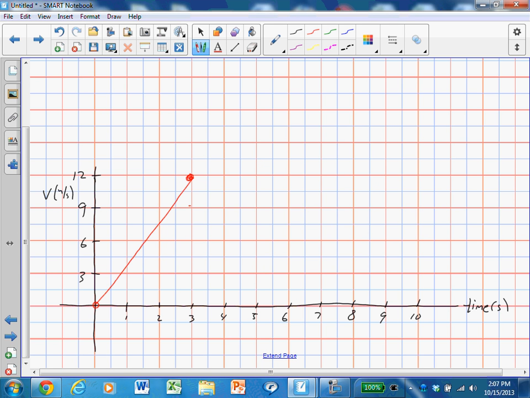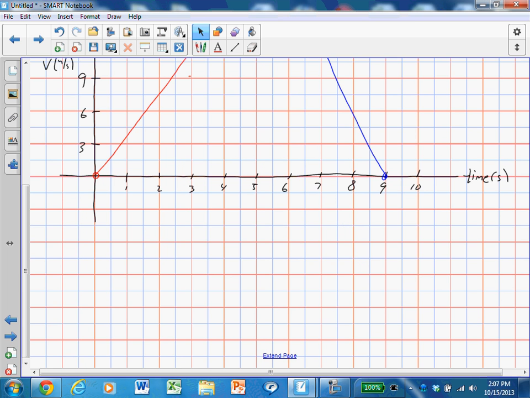Then it stays flat for the next 4 seconds. Make that green. Then it drops down to 0 for the next 2 seconds. And then over the next 2 seconds, again, it goes to a negative 12.